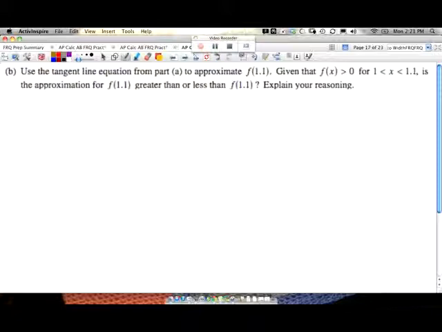Use the tangent line in equation part A to approximate f of 1.1. Okay, so we start out with this thing where y minus f of a equals f prime of a times x minus a, and we know that a equals 1. So at 1.1, that's going to go right here. You get that?